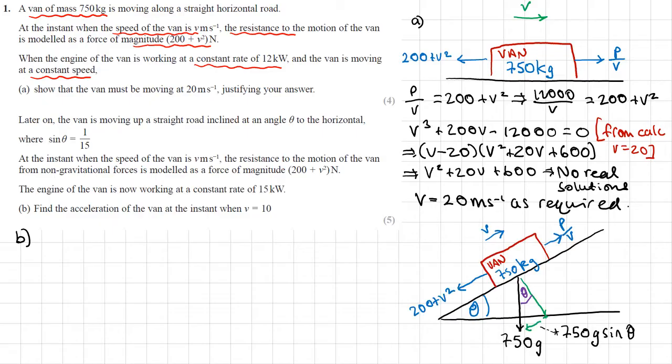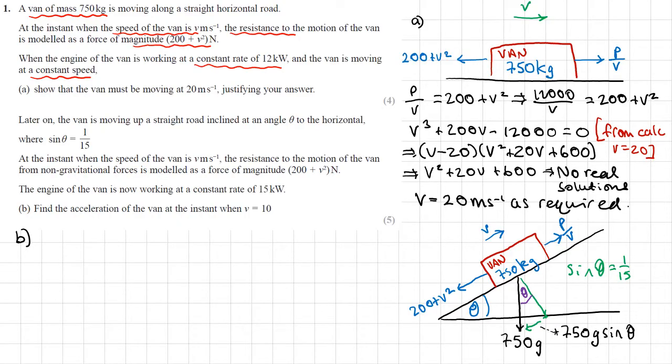Right, so I've taken the bits of information from what I just read out here, and I now have a diagram representing what's going on. I guess the only thing I haven't got yet is that sine theta is equal to 1 over 15.